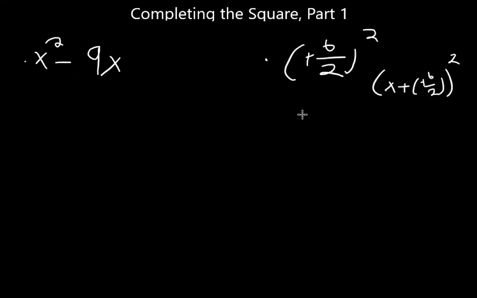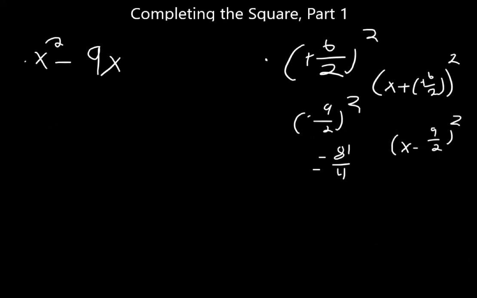Well, we see that we have b equals negative 9, so we'd have negative 9 over 2 squared, which would be 81 over 4. And we would expect to end up with x minus 9 over 2 squared, because that's b divided by 2 squared.